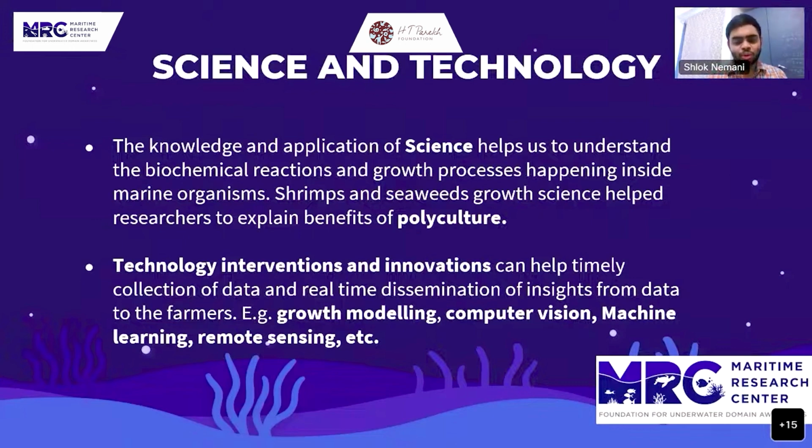This uses computer vision techniques or IoT sensors with a camera as an endpoint, machine learning on the cloud, and remote sensing to get the overall cover of where the farms are located. All this is now available in real time, and can be disseminated to stakeholders or policymakers, who can take insights from this data and frame policy accordingly.